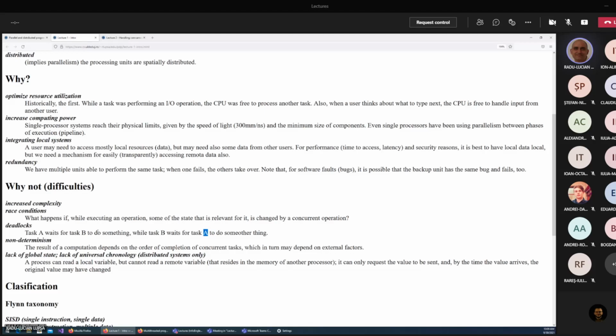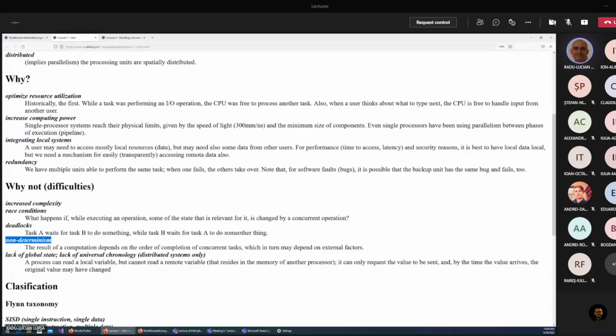Now, another thing that we have, it's not probably directly a problem, but it aggravates others, is that the behavior of a concurrent system is usually non-deterministic.